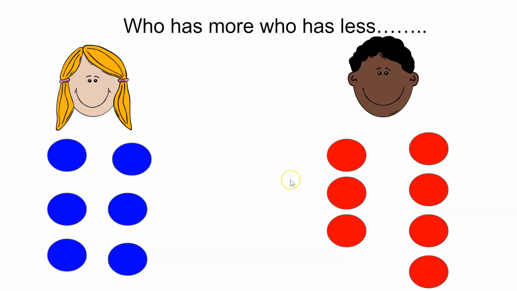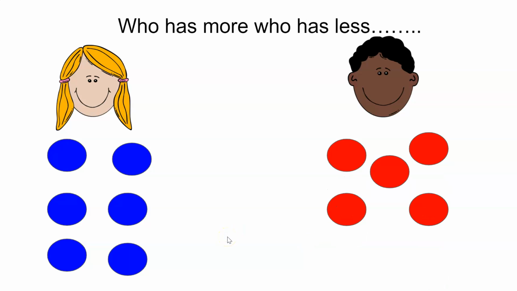How many counters does Sam have? 1, 2, 3, 4, 5, 6, 7. So we know 7 is more than 6. So we would say Sam has more than Jane. So 7 is more than 6. Who has less? Jane has less than Sam.